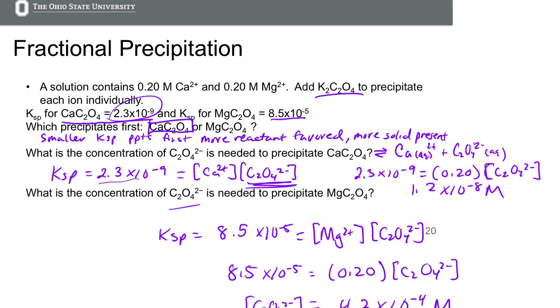If we have both calcium and magnesium in solution, we add the oxalate. We get to a concentration of 1.2 times 10 to the minus 8 molar oxalate. The calcium oxalate begins to precipitate. We keep adding more oxalate. Eventually, all that calcium is gone. Okay. Then we keep adding oxalate, and now we can start precipitating out the magnesium oxalate.